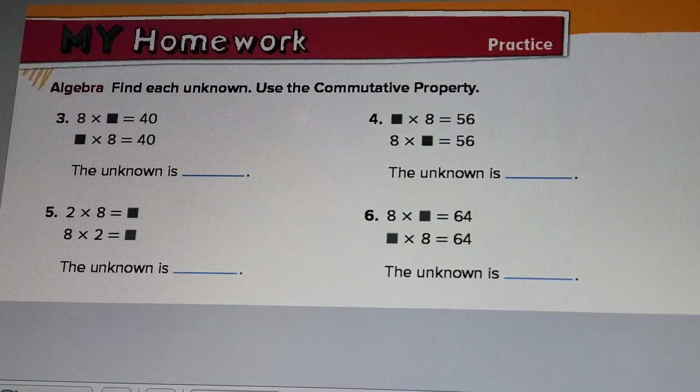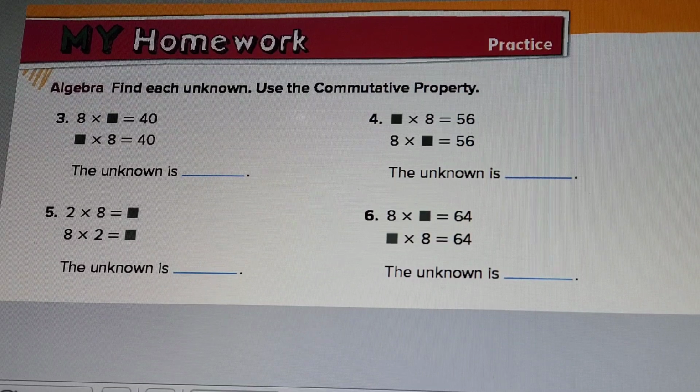Number 5, 2 times 8 equals unknown, or 8 times 2 equals unknown. This is like 8 doubled, so 8 plus 8 equals the same number as 2 times 8. 8 times unknown equals 64, or unknown times 8 equals 64.